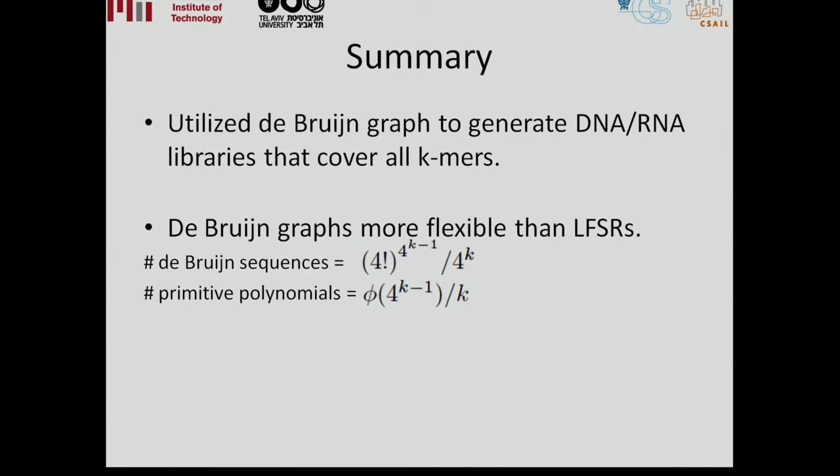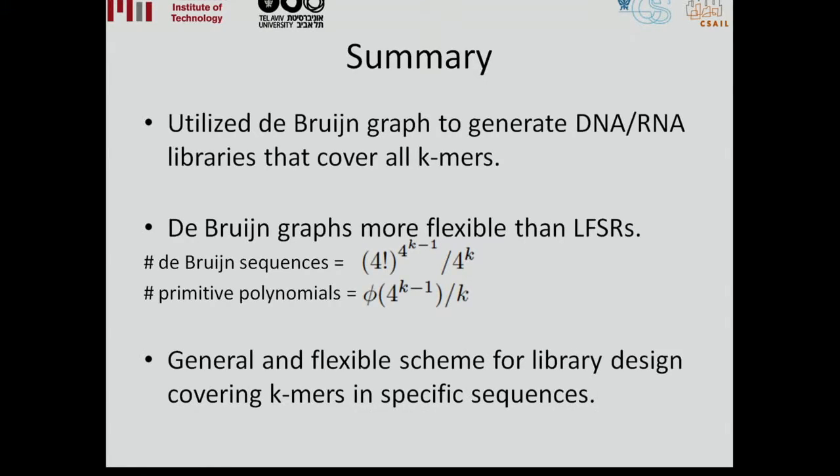Any de Bruijn sequence has a corresponding Eulerian tour in the de Bruijn graph, as opposed to linear feedback shift registers, which can generate a much more limited number of de Bruijn sequences, which is the number of primitive polynomials over a finite field. And we hope that with this new algorithm, we can design more libraries, where you can just plug in a different property, some script that produces 0 or 1, and rerun the algorithm on that.